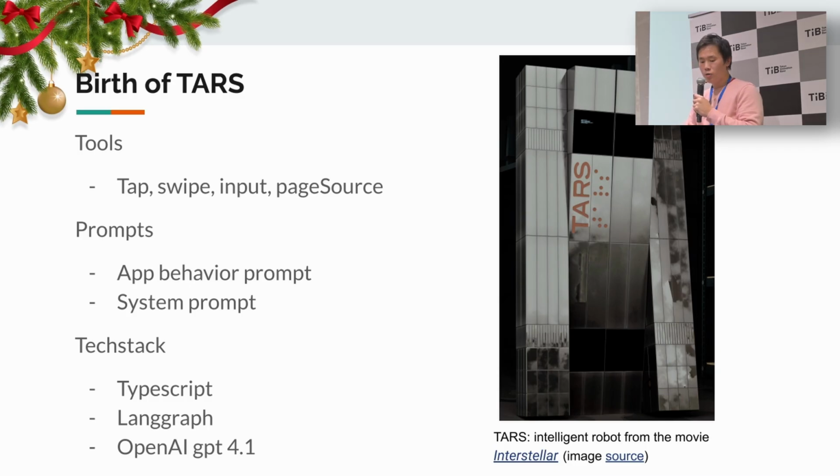This is the tech stack that we use: TypeScript, LangGraph, and then GPT 4.1. At that time, I think it was 4.0, and now we are using 4.1. We also increased the tools that we use: type, swipe, input, and getting the page source.